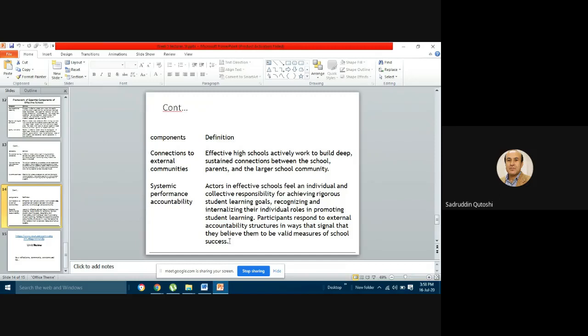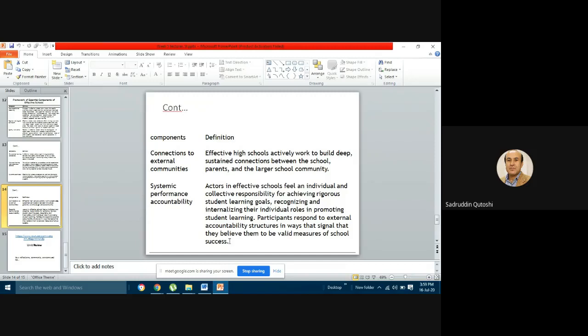What kind of system do you have for accountability, performance accountability, in your school? If a principal is there in school, what kind of system is there that ensures the performance accountability of the principal? And what kind of activities is the principal engaged with to ensure performance accountability of the teachers and other staff?